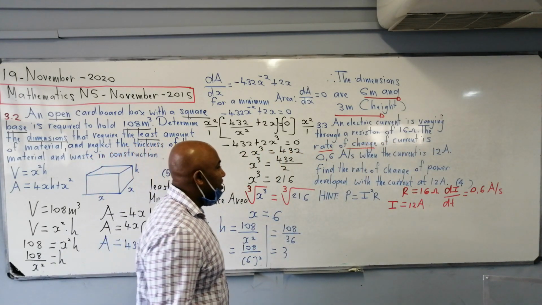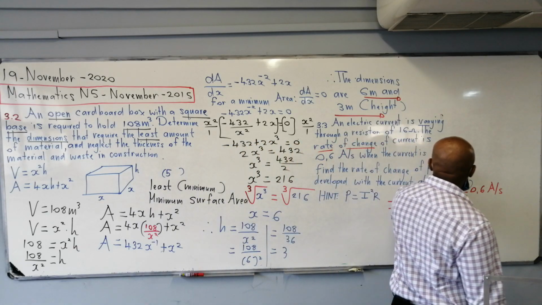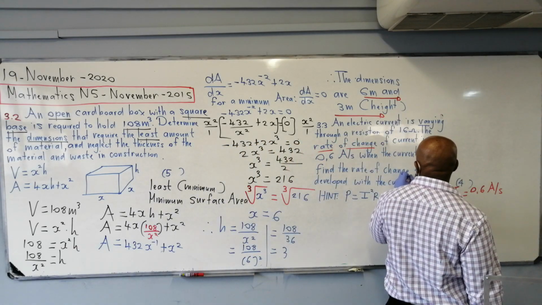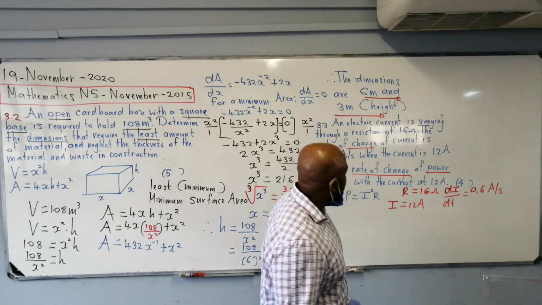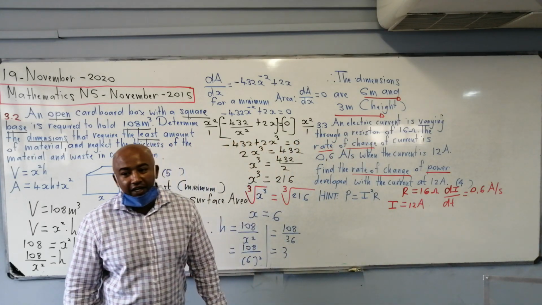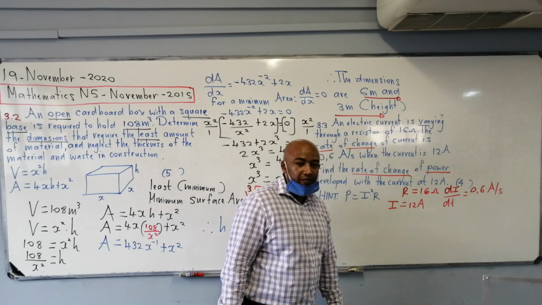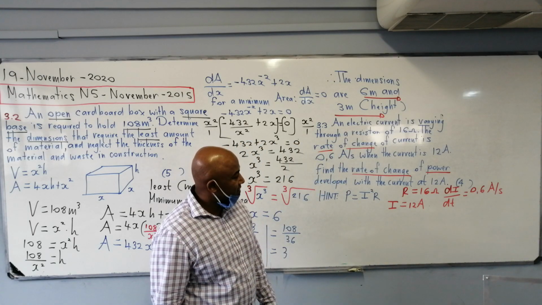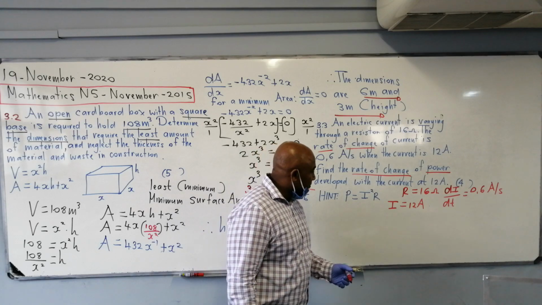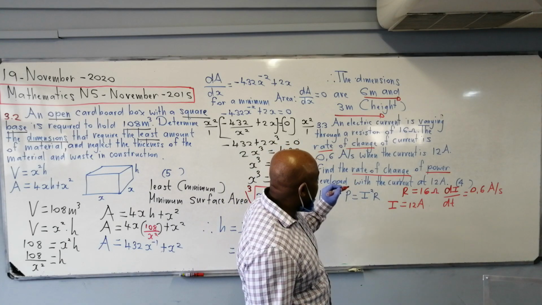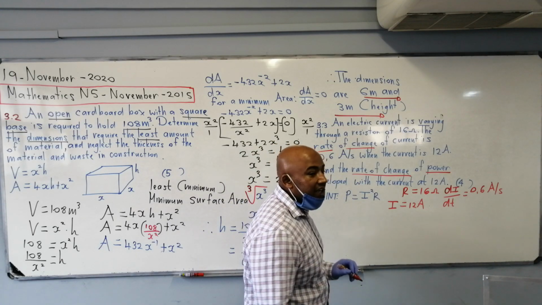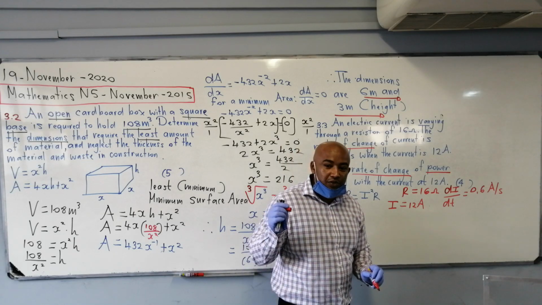Now find the rate of change of power. Find the rate of change of power developed when the current is 12 amps. And they give you the formula. So power is equal to I squared R. So what do we want to do here? We want to find the rate of change of power. So we are differentiating with respect to time here.